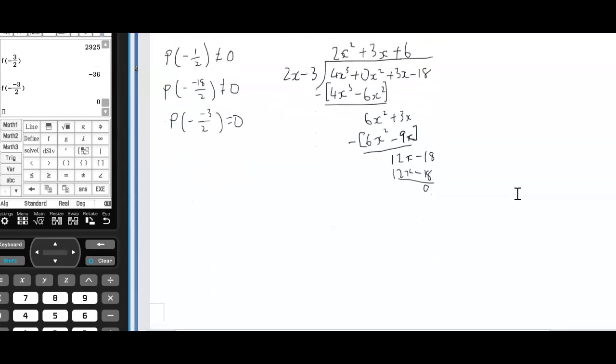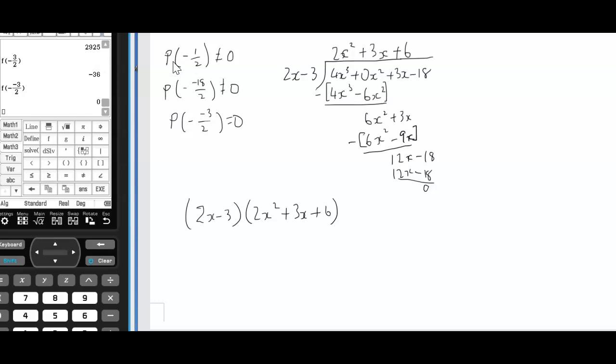So our solution is 2x minus 3 as one factor, and 2x squared plus 3x plus 6 as another factor.